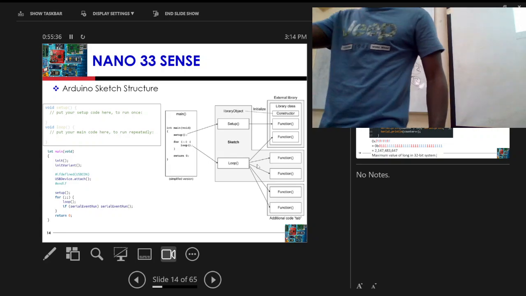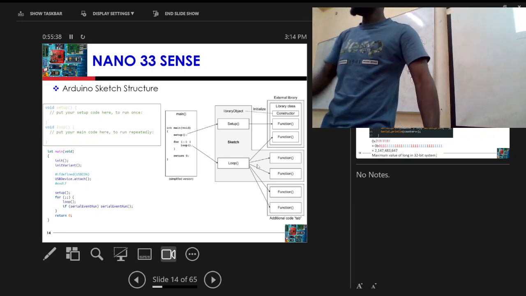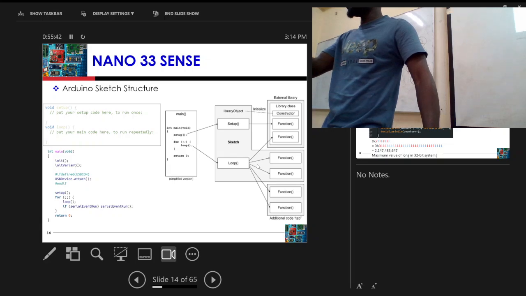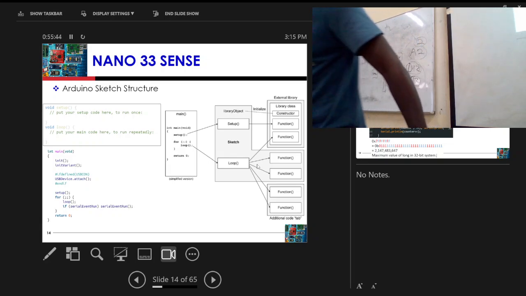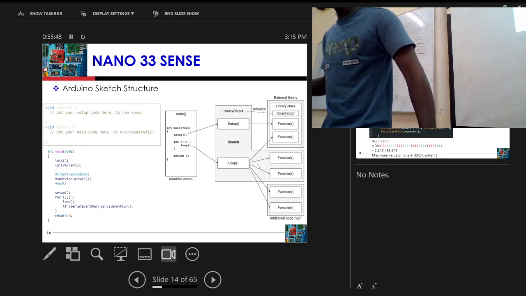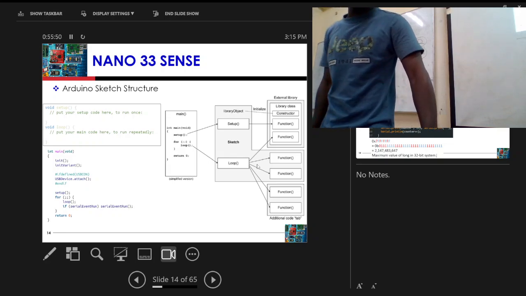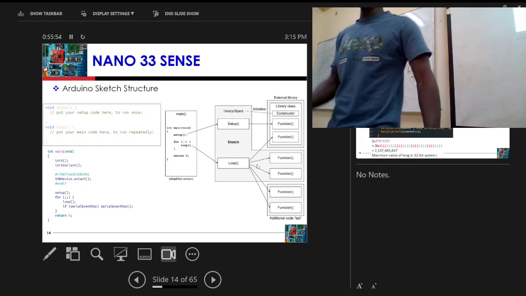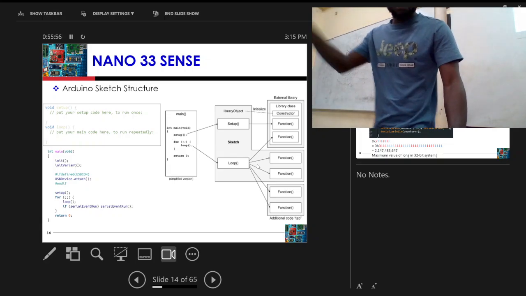Raspberry Pi. Huh? What are you using? What hardware are you using? You are using a cutlass. What?